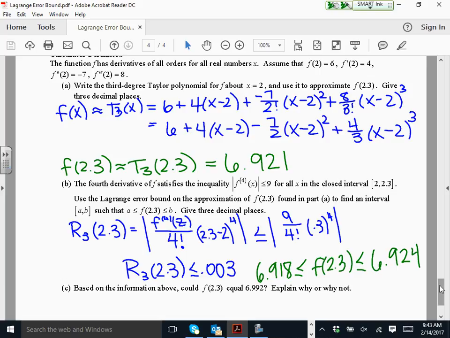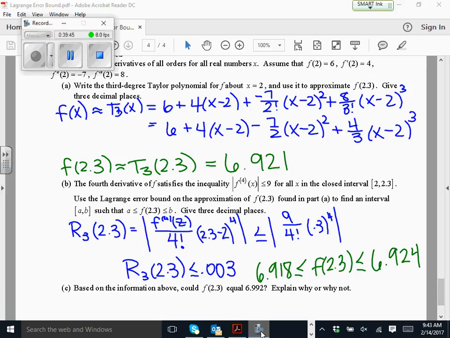Now, we'll get to some AP questions eventually, but you will for sure have 1 AP question out of the 6 that involves series, hands down. Whether it's Taylor series or whatever, you're going to have one. So let me go ahead and stop.